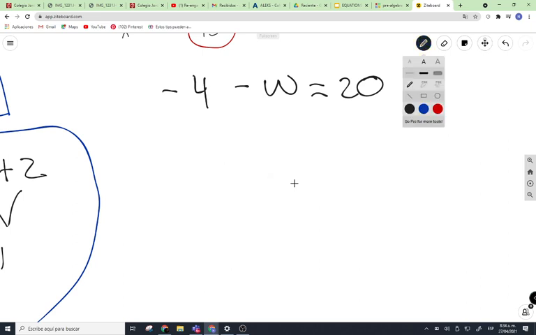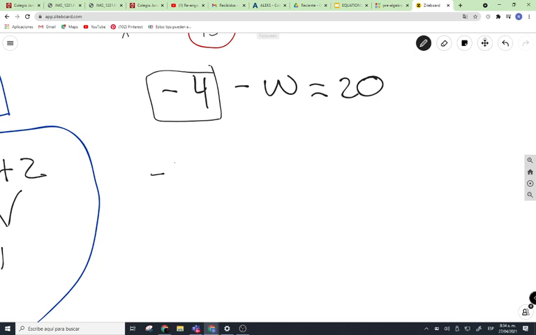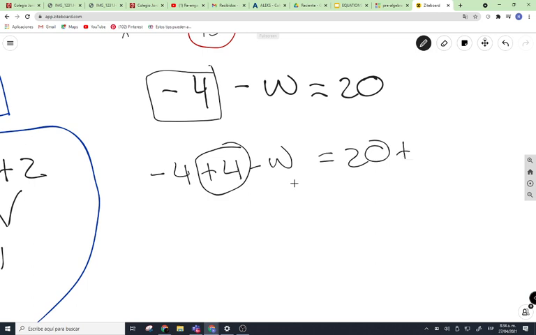Okay, and finally, here, look, negative 4 minus w. So we have to get rid first of this negative 4. The opposite of negative 4 is positive 4. So we have to do negative 4 plus 4 and then minus w. But since here we added 4, we also have to do it here.